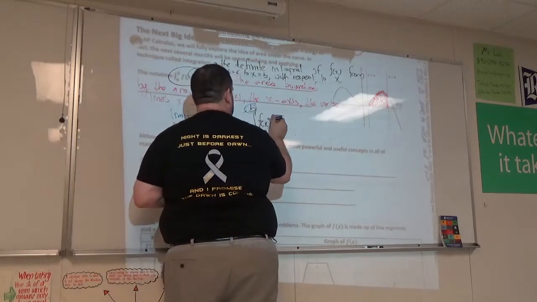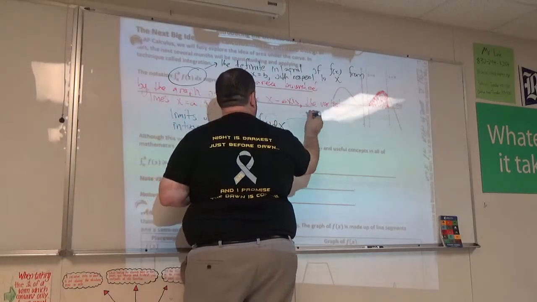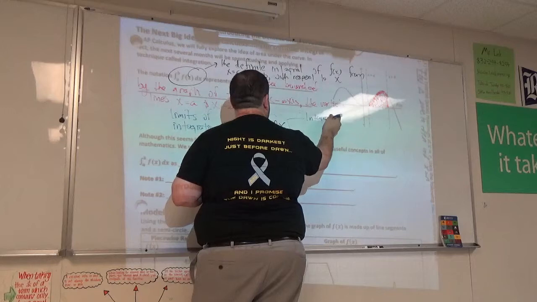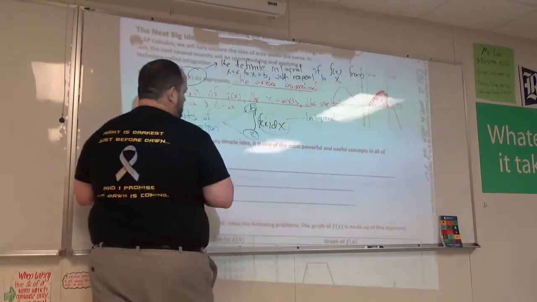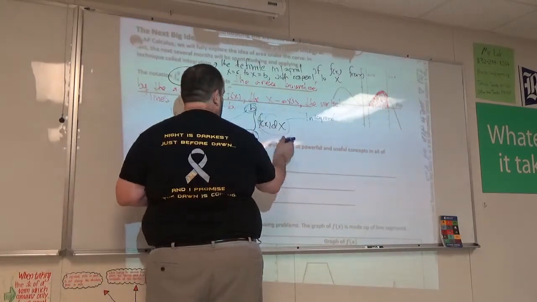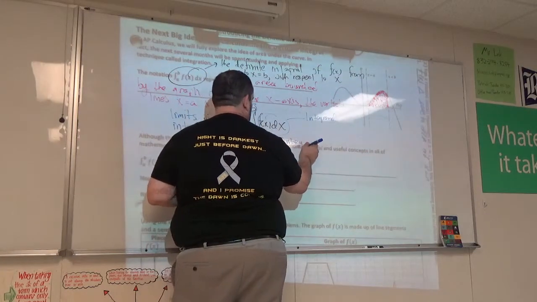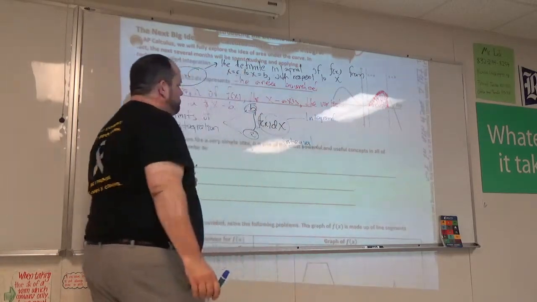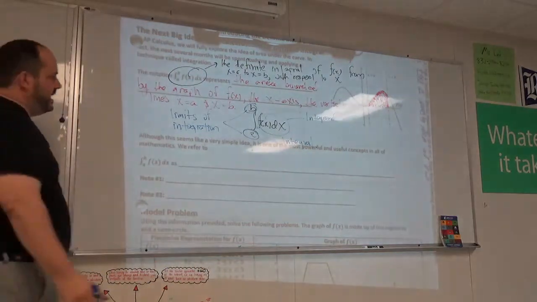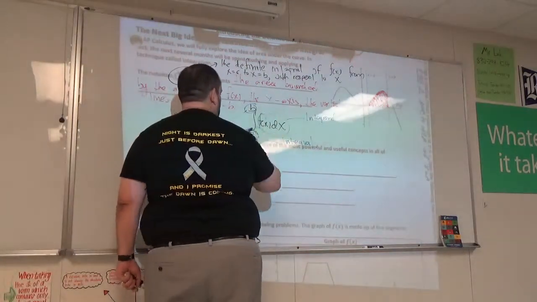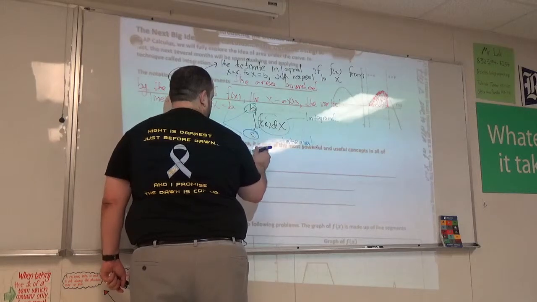The f of x and the dx are referred to as the integrand. The little S here is the integral. And the whole thing put together is what you're going to call the definite integral.